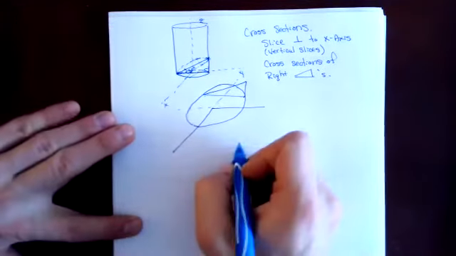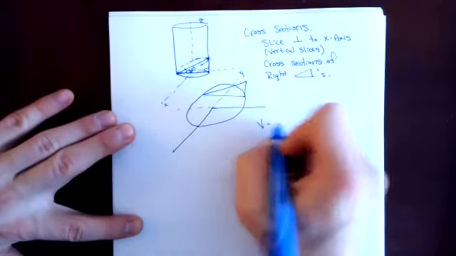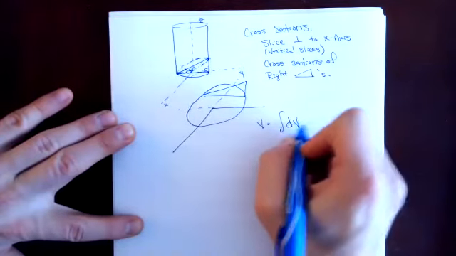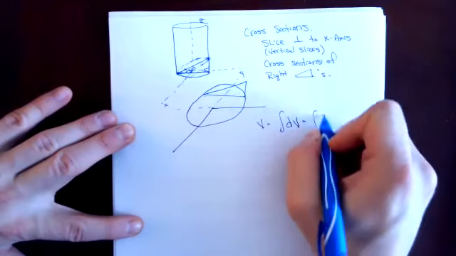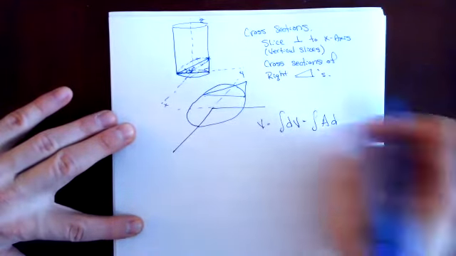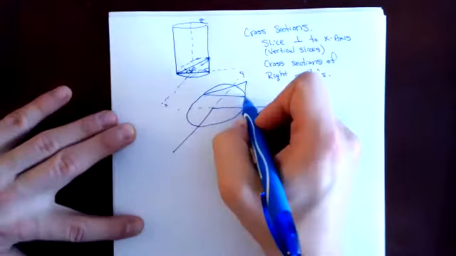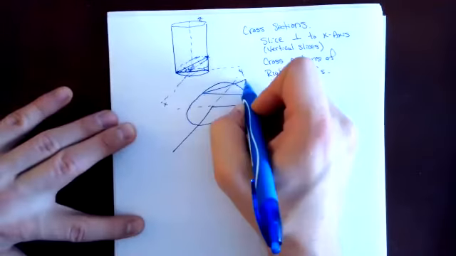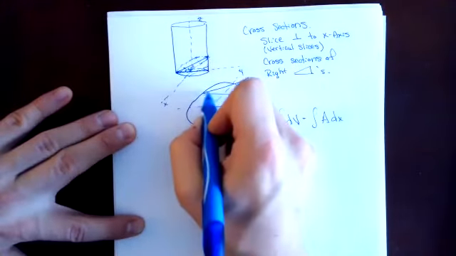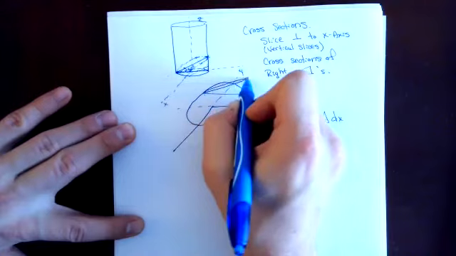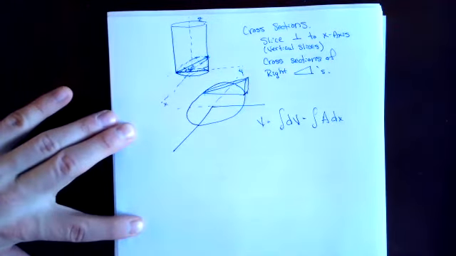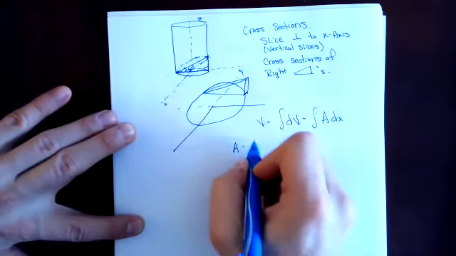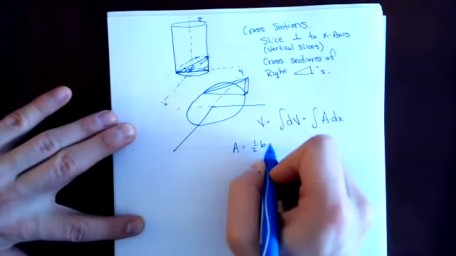So my volume, the differentials are dx, since we're slicing perpendicular to the x-axis. And now what is the area? 1/2 base times height.